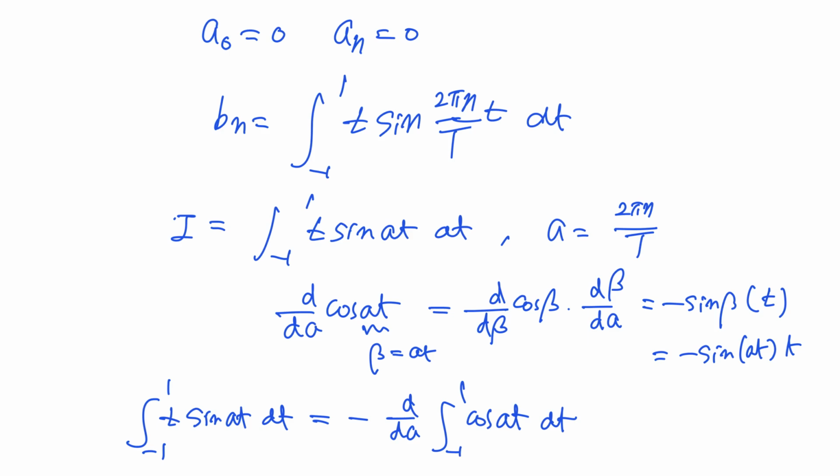If you differentiate cosine at by a, then the result is sine at with the t in front of it.